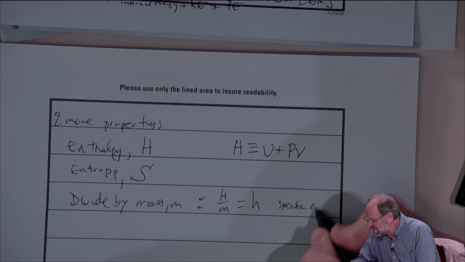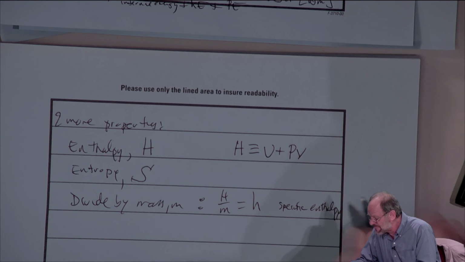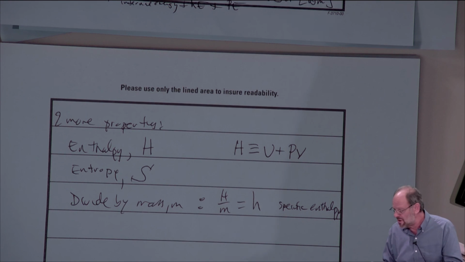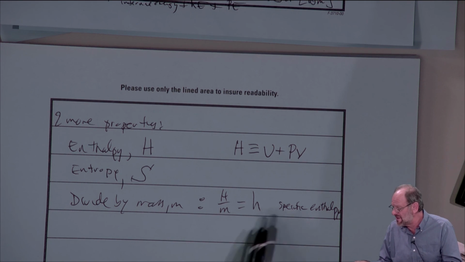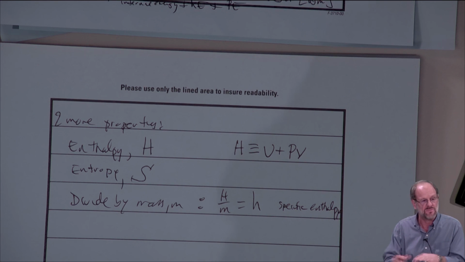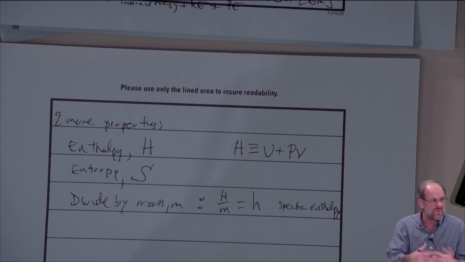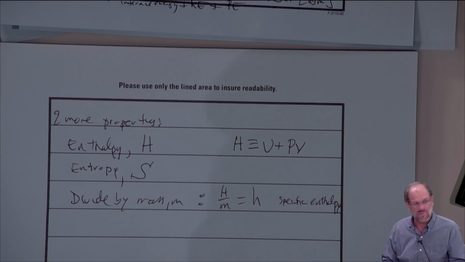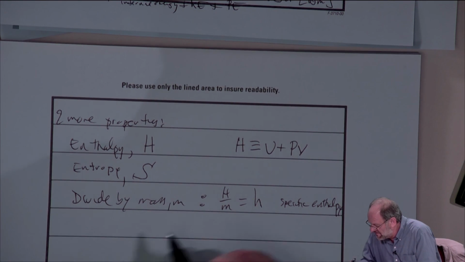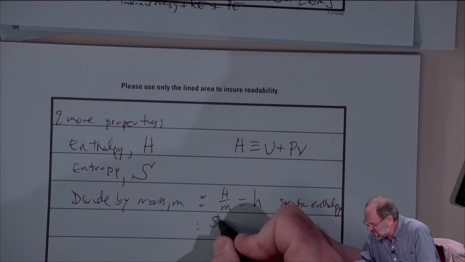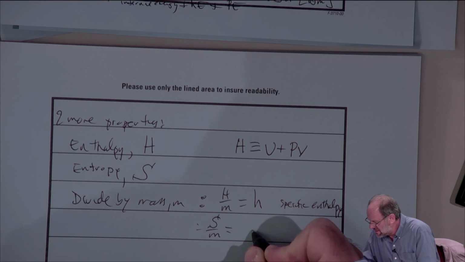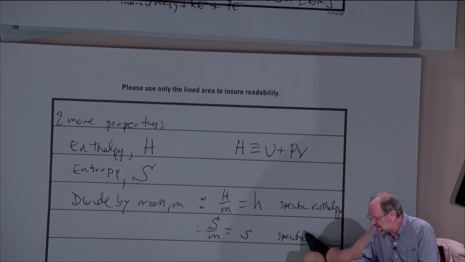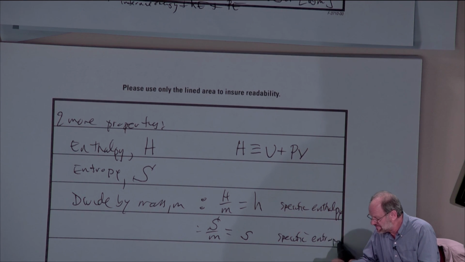So this is the specific enthalpy. And remember, specific properties are intensive properties. So we're going to actually find a relationship between those measurable intensive properties like temperature, pressure, specific volume, and the non-measurable ones like specific enthalpy. Same thing with entropy. The total entropy divided by the mass is going to be lowercase s, and we call that specific entropy.